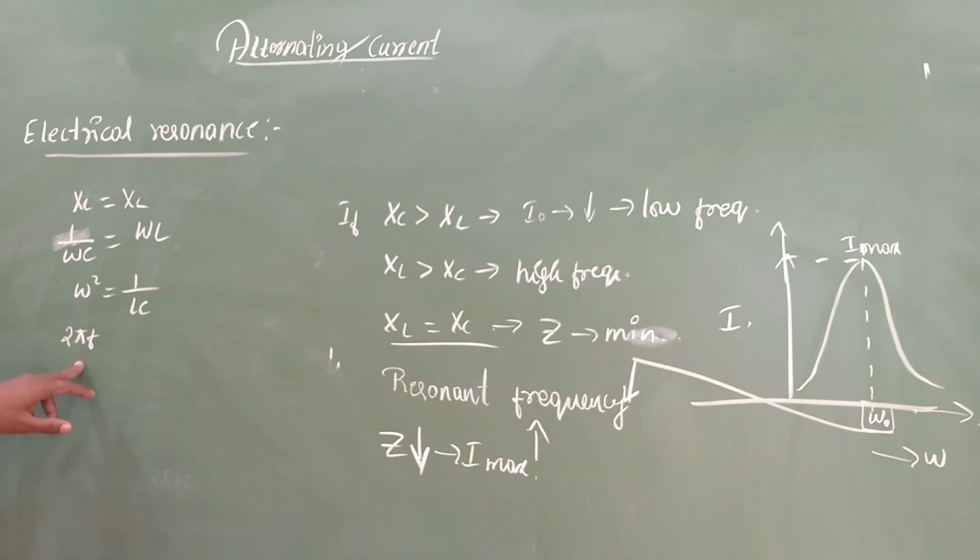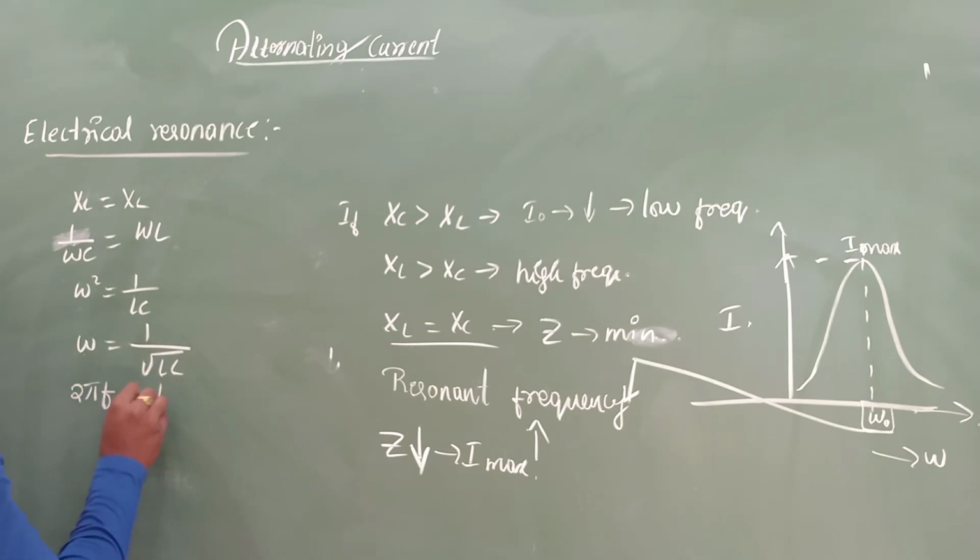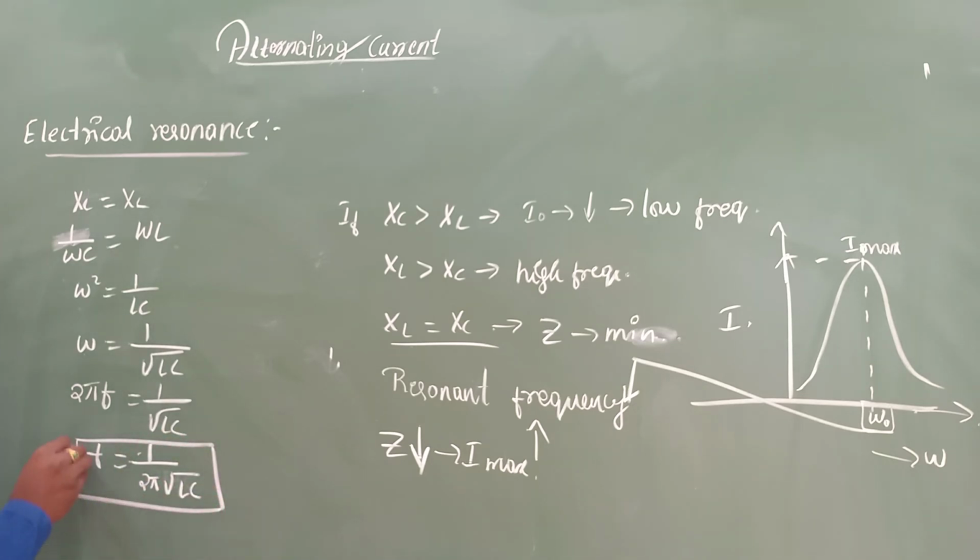Let me write one more step, because here you will get a square root. So omega is equal to 1 over root LC. Again 2 pi f is equal to 1 over root LC. So f is equal to 1 over 2 pi into root of L into C. This will be the condition for resonant frequency.